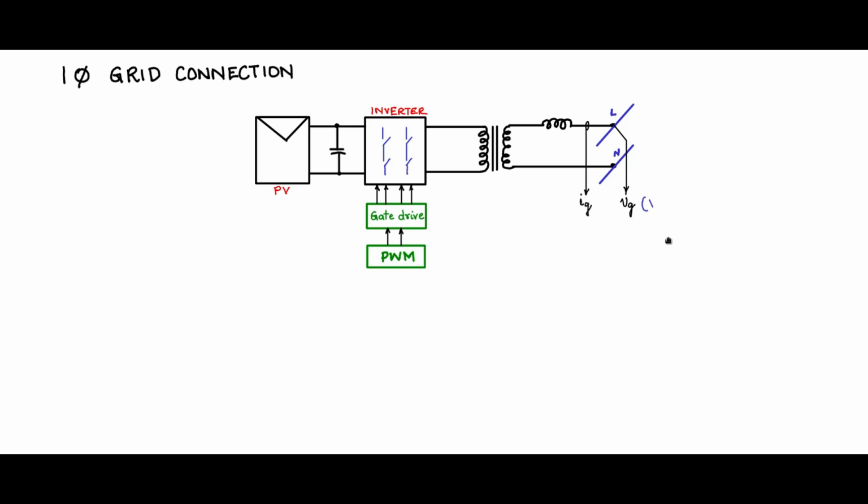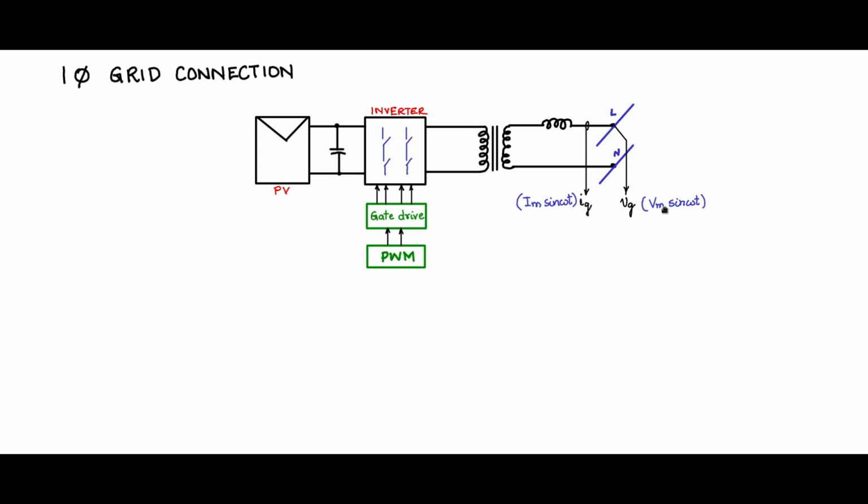Grid voltage Vg is Vm sin omega t. It of course contains a lot of harmonics, but let us say that Vg is Vm sin omega t, and Ig we want it to be Im sin omega t. That is, we would like to inject the current into the grid at unity power factor.